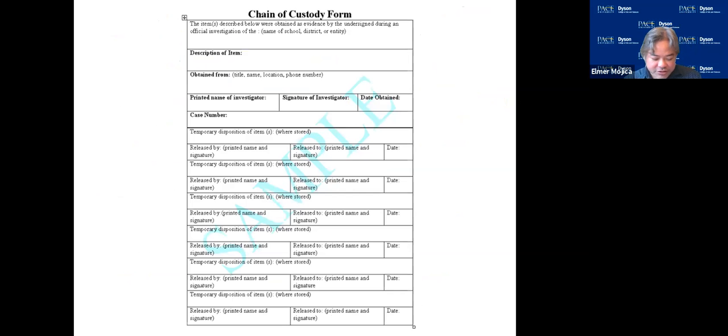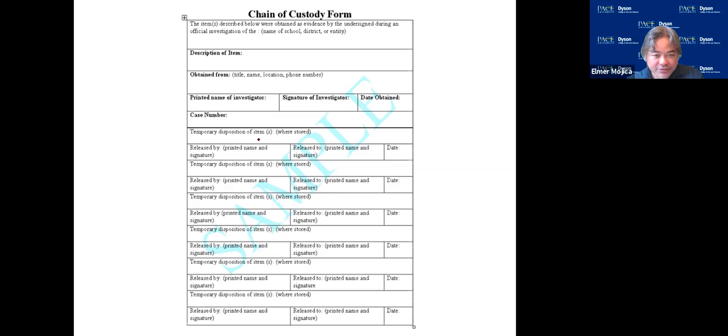So the chain of custody form. I'm not sure if you're already taking your forensic science course, but this is the chain of custody form. So what does it tell us? It tells you the description of the item, where it was obtained, who obtained it, and for what case.